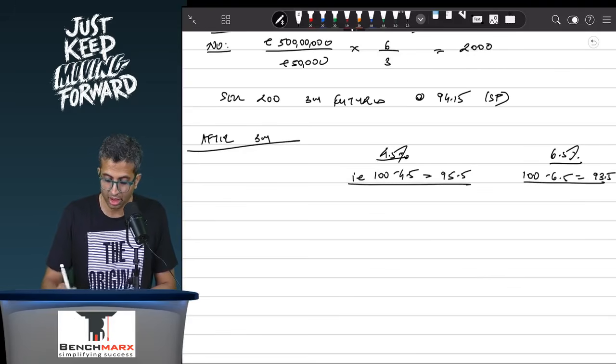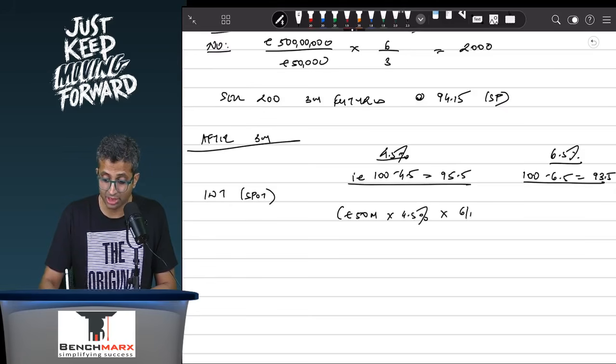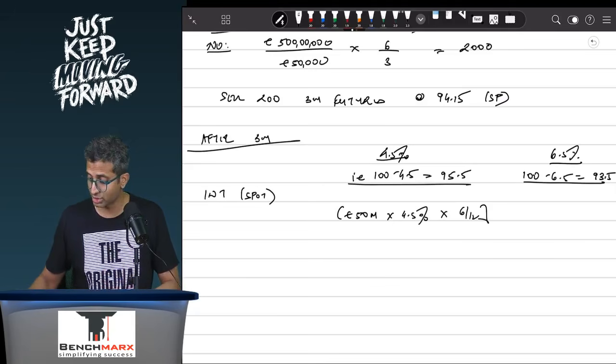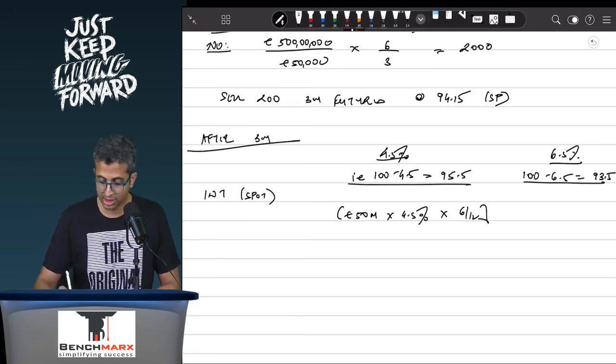So over here, when I look at interest on my spot borrowing, I will need $50 million, which in my spot borrowing I will borrow at 4.5%, but I will need money for 6 months. Irrespective of how many months the futures contract is available, I will need money for 6 months. So that is 50 million into 4.5% into 6 by 12. So over here, this is 1.125 million.